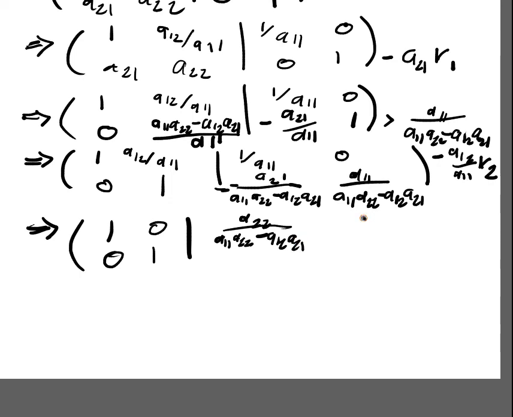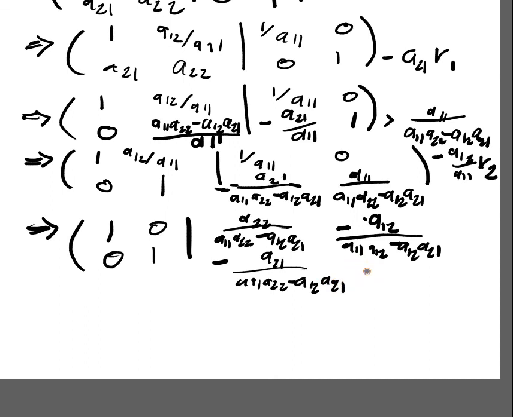We'll get minus A12 over A11 A22 minus A12 A21. We're going to get minus A21 over A11 A22 minus A12 A21. And then here we get A11 over A11 A22 minus A12 A21.